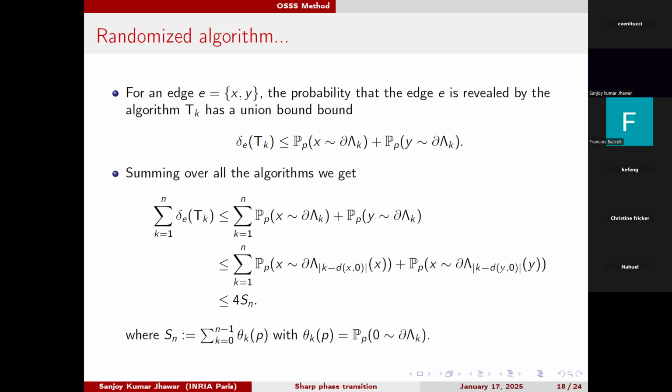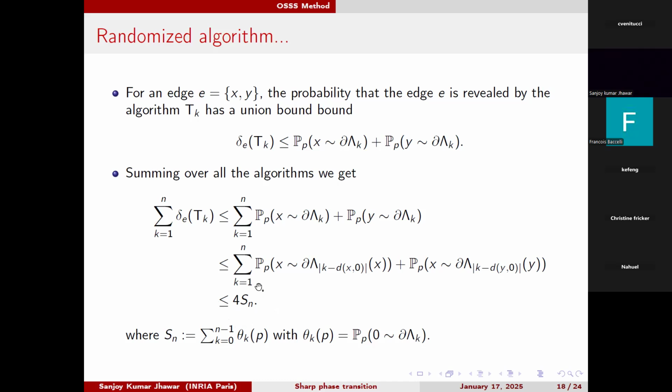Okay, and it is more likely to have a path from this center x to the boundary of the box that is centered at x. So you can do the same for the other point. This should be y. This is a typo, I'm sorry. And you can connect it to the function that I defined earlier, that is Sn.